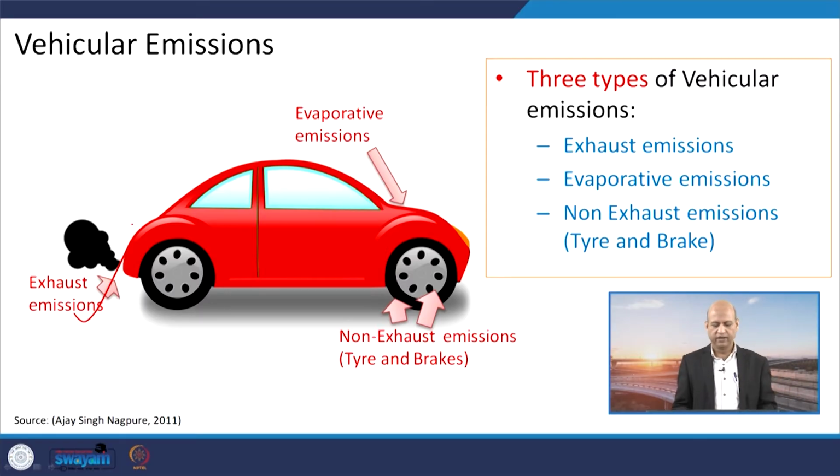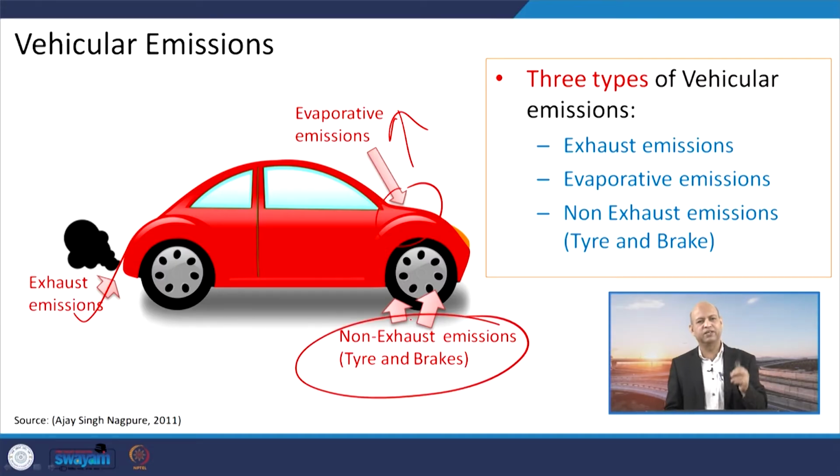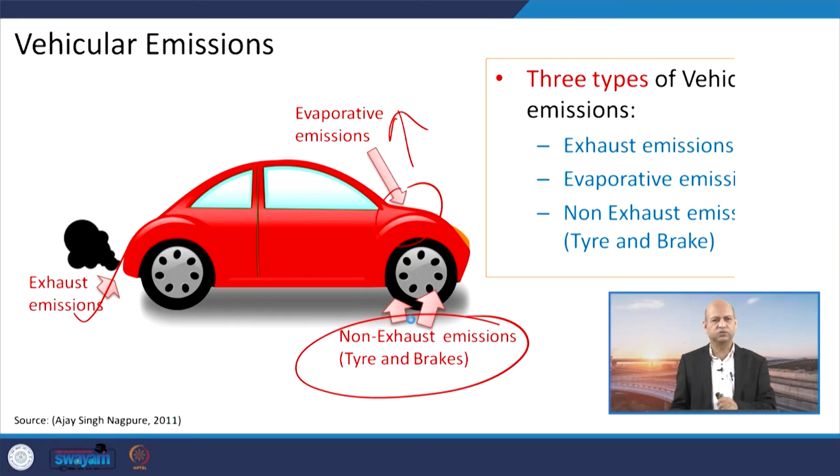Then there are certain fugitive emissions, passive emissions, those are evaporative emissions, which come out of, like, engine leakage of oil and those kinds of things. And then the other category is non-exhaust emissions, that is from tires and brakes, so abrasion-related emissions or resuspension of dust. Those are the emissions from non-exhaust sources.